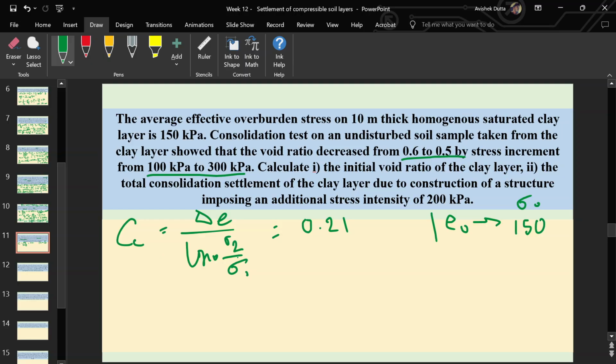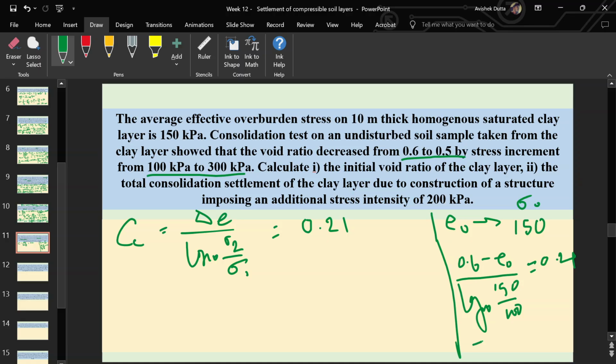So, now taking 0.6 for 100 kilopascal as a reference, I will do it here: 0.6 minus e0, because 150 is more than 100, so e0 will be less than 0.6, divided by log to the base 10 of 150 divided by 100, is equal to Cc, that is 0.21.